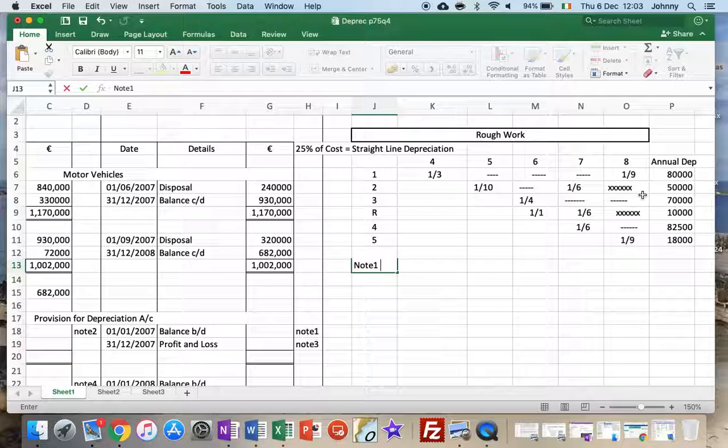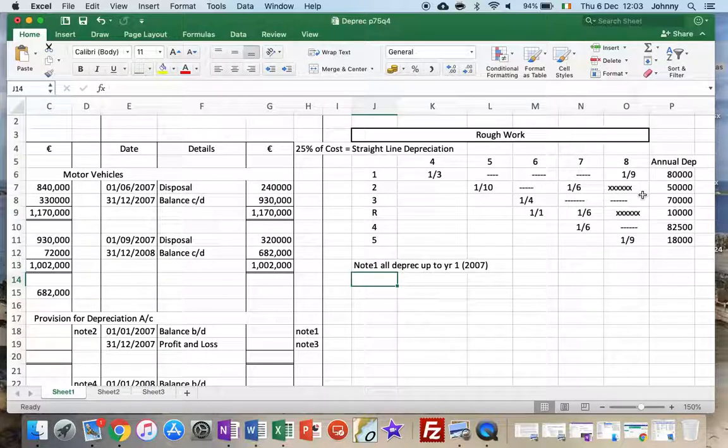So note 1 is all depreciation up to year 1. So year 1 in this case is 2007. We looked at the bottom of the question. It said we're doing these accounts for the year 2007 and 2008.